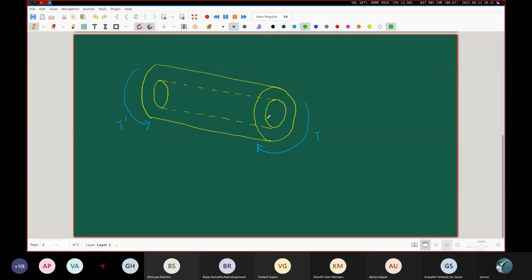Now I will draw a line from the center like this, and I will mark out this angle to be phi. Next, I will consider a corresponding point in the undeformed configuration at this other end.